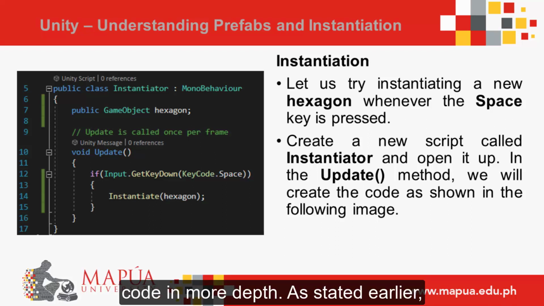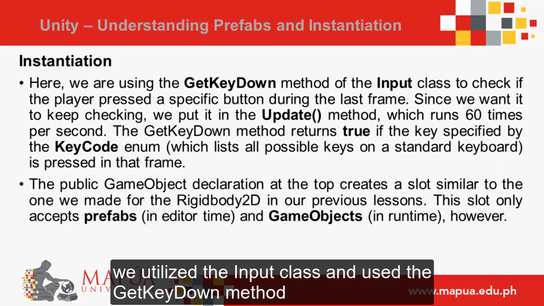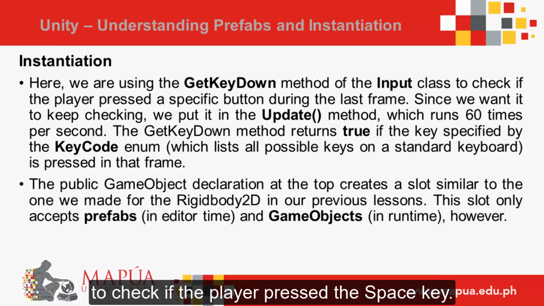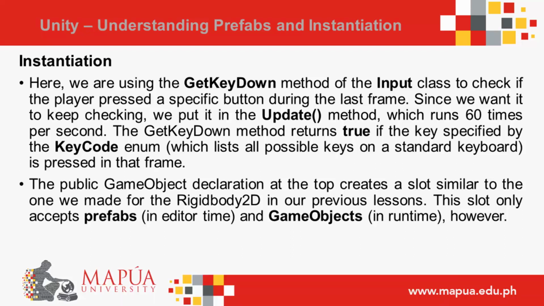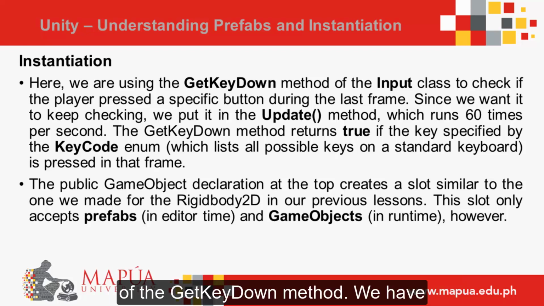Let's discuss the code in more depth. As stated earlier, we utilize the input class and use the getKeyDown method to check if the player pressed the space key. This is part of the KeyCode enum and is used as one of the parameters of the getKeyDown method.